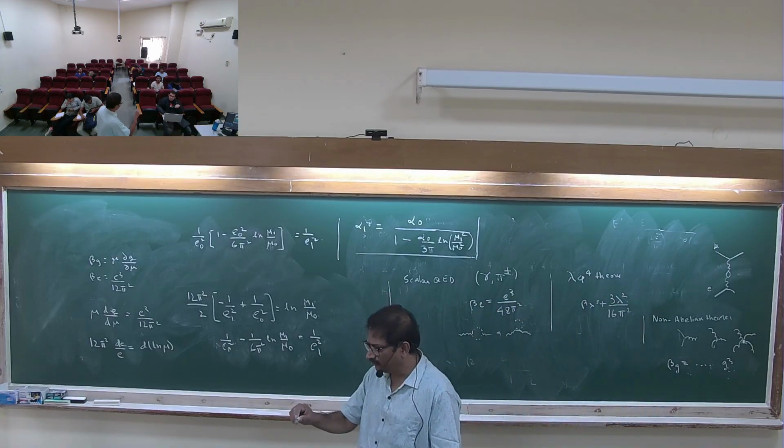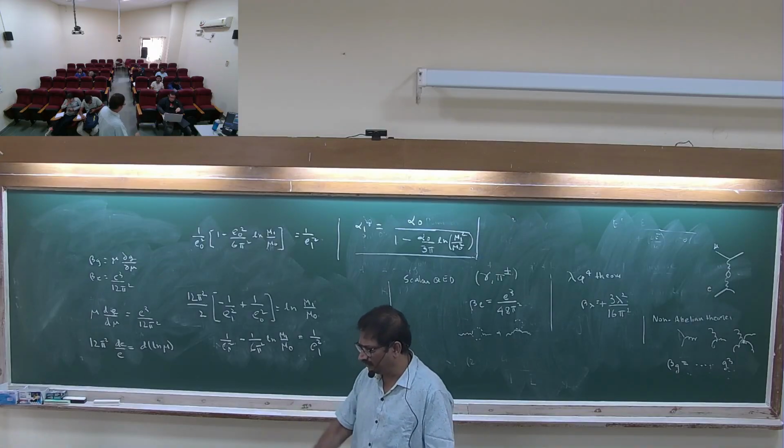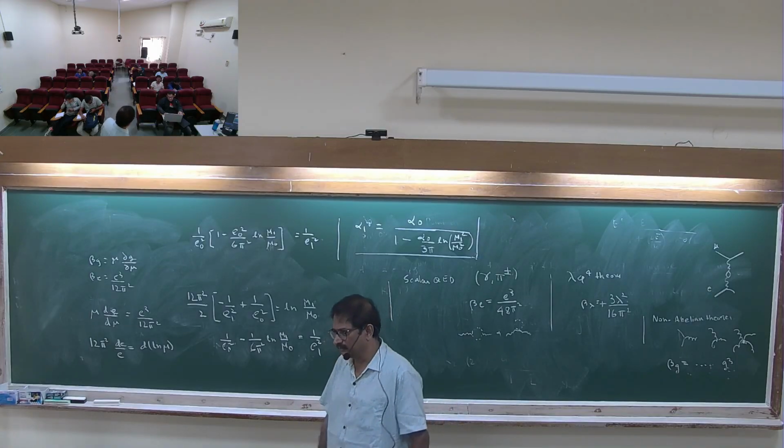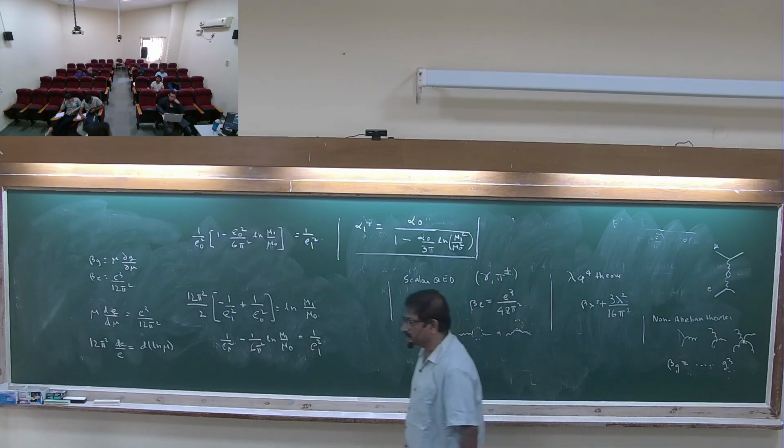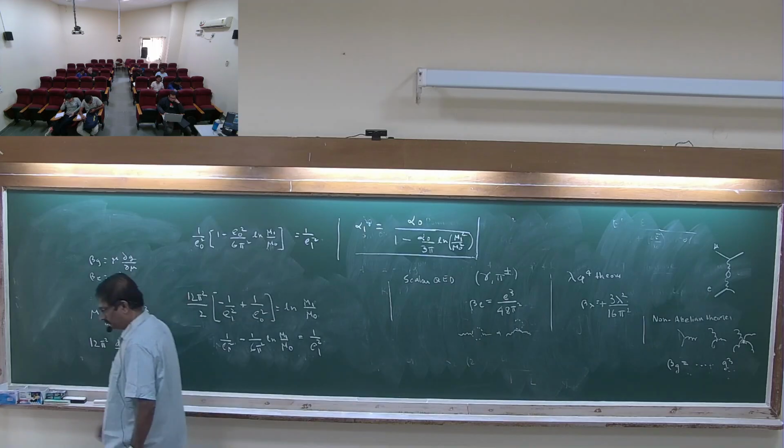No, I'm telling you, you take mu naught as the mass of the electron. Yeah, that's the square, so I want the square root of that.